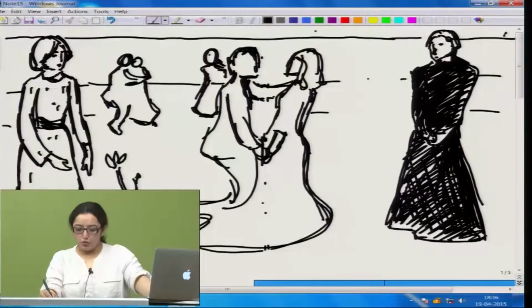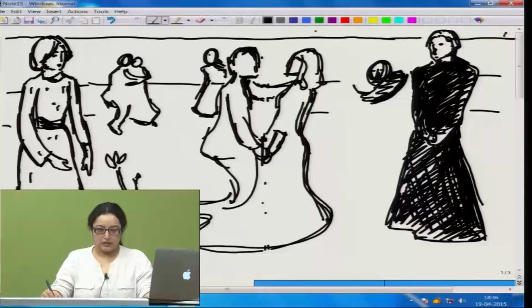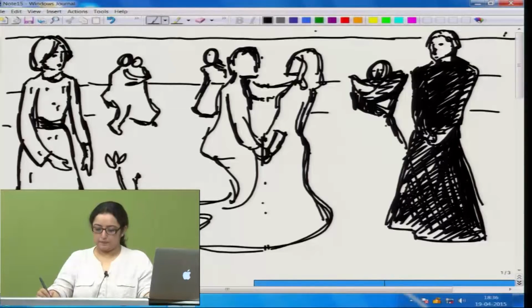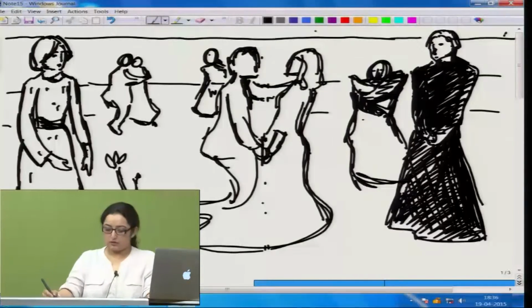There are two other characters very interestingly made with lots of expressions, a male figure and a female figure dancing. And all these figures are dominated by two shades. It is either white or black.